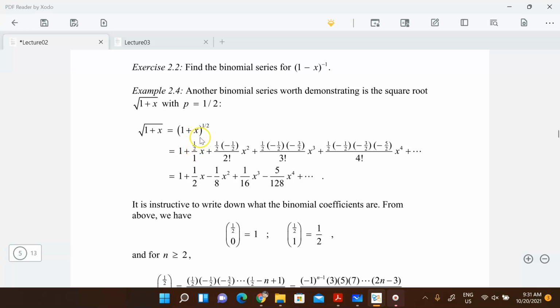In this case you just multiply the first one, half, and then half times half minus 1, and then half times half minus 1 times half minus 2, and so on and so forth. So you get your binomial expansion for your square root. Let me see what the conditions are for this later on. Probably I have to check.